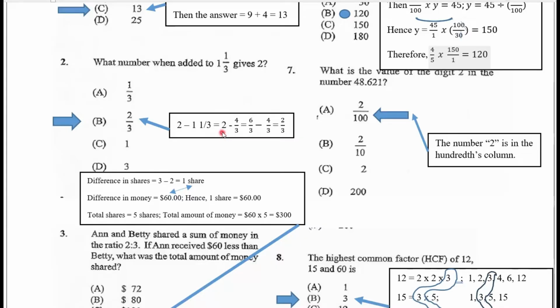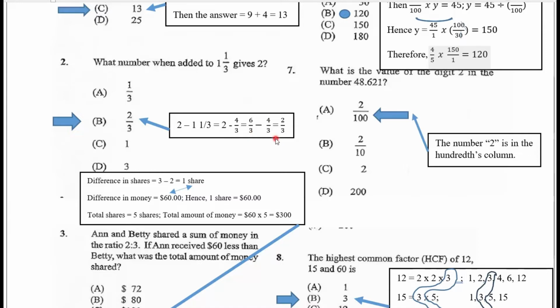If I have 2 cakes, it'll be 3 slices plus 3 slices, which gives you 6 slices, where each slice represents a third of the cake. So 2 cakes will have what? 6 slices, 3 each. So that will be 6 on 3. So it's 6 on 3 minus 4 on 3.